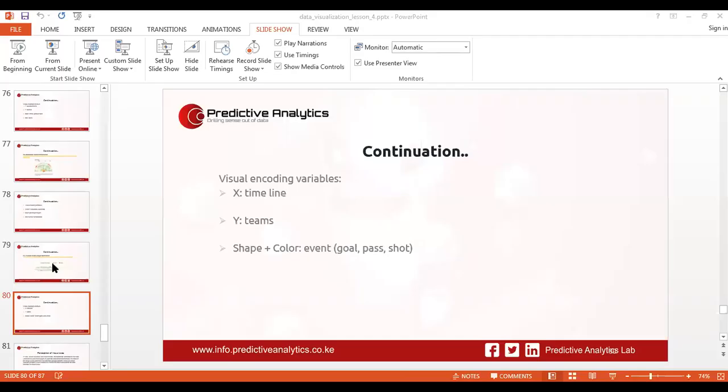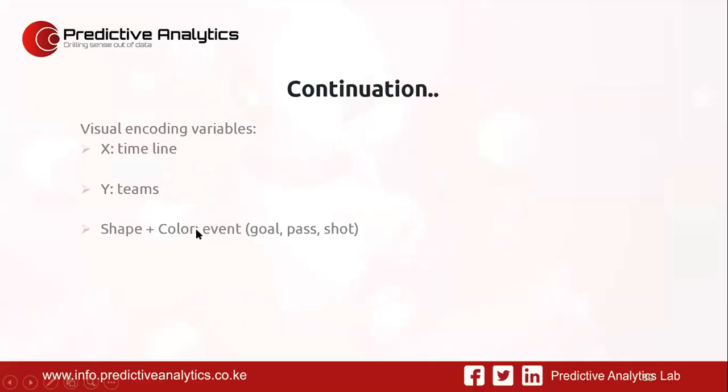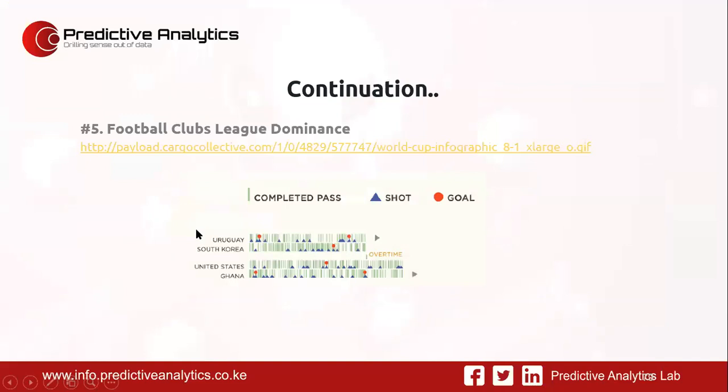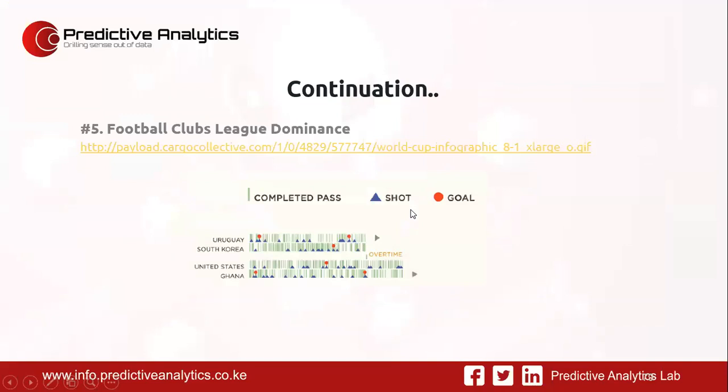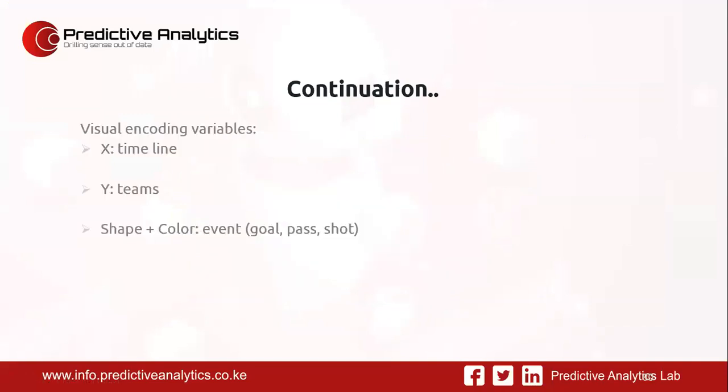we'll have a look at the visual encoding variables. So we have X as the timeline. From the visual, you'll see X as the timeline.